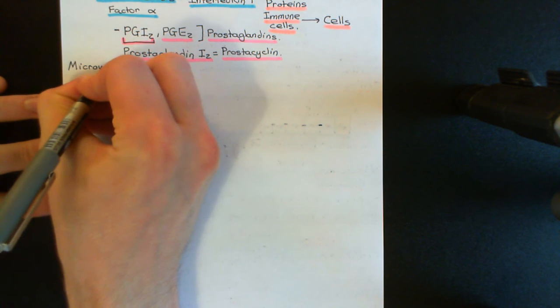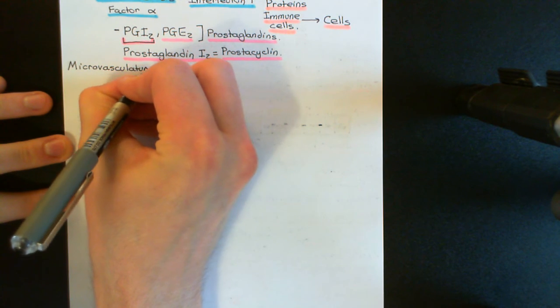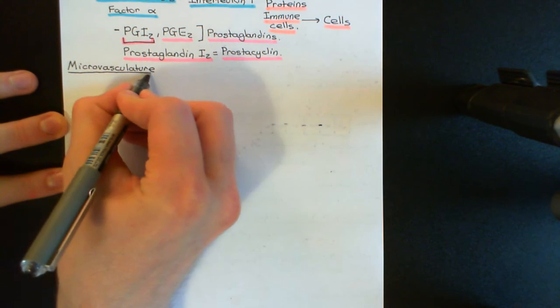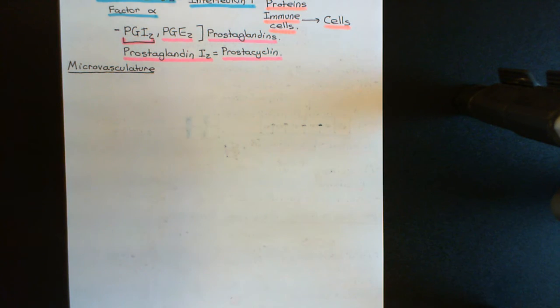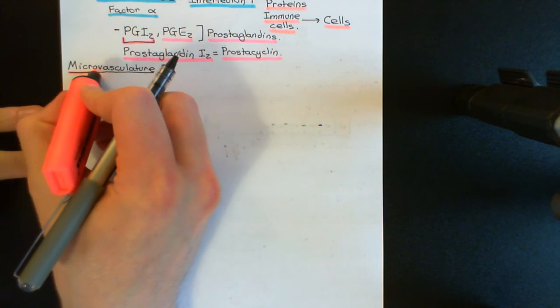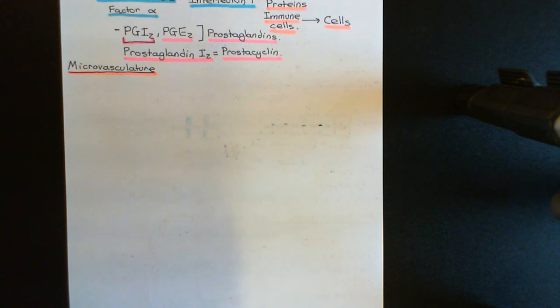Okay, so all tissues of the body have microvasculature blood vessels which are supplying them with glucose and oxygen and other nutrients. And this microvasculature is where the acute inflammatory response is actually going to occur. Of course, it has to occur there because that's where we have the opportunity to bring stuff from the blood into the tissue. So the microvasculature then, it consists of the arterioles, the capillaries, and then the venules.